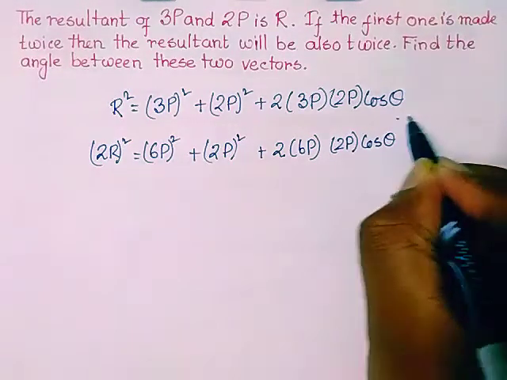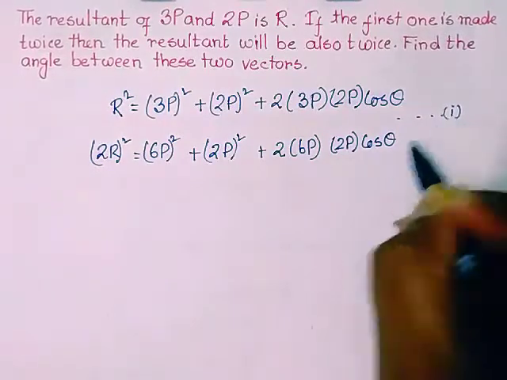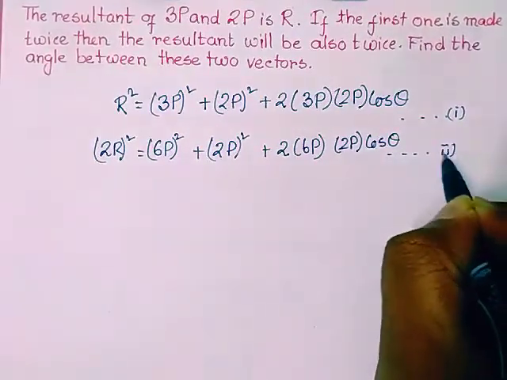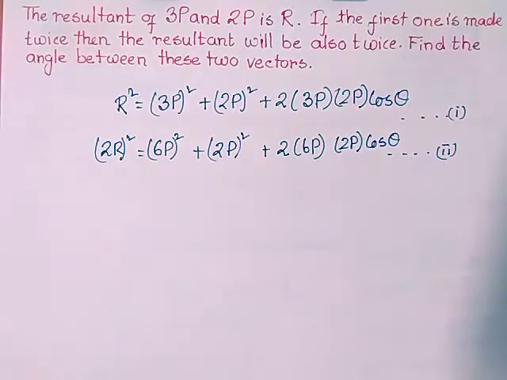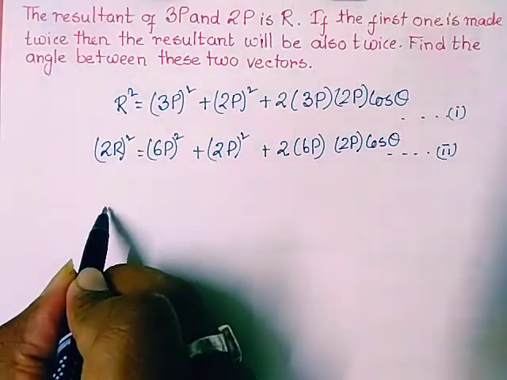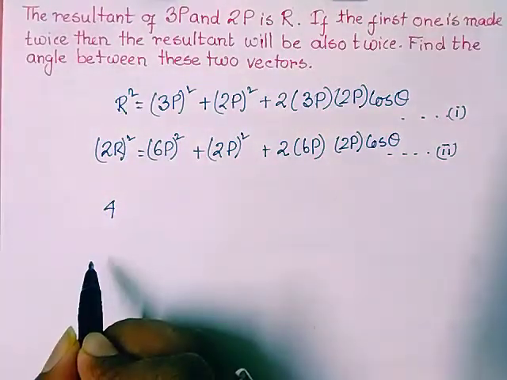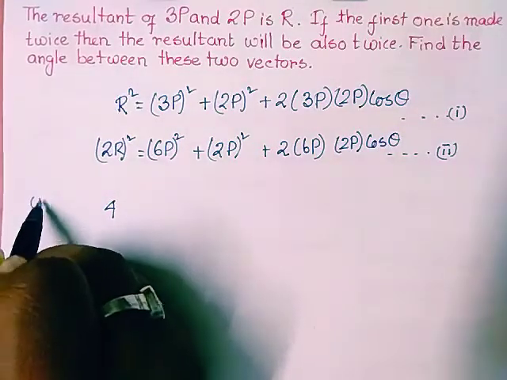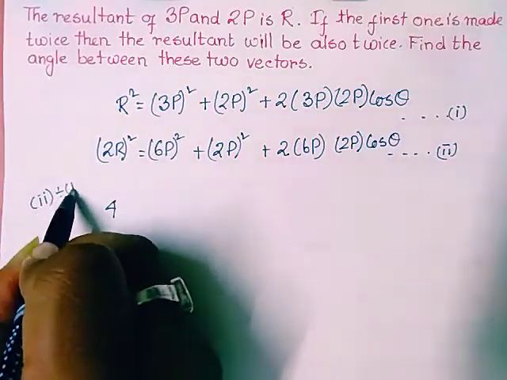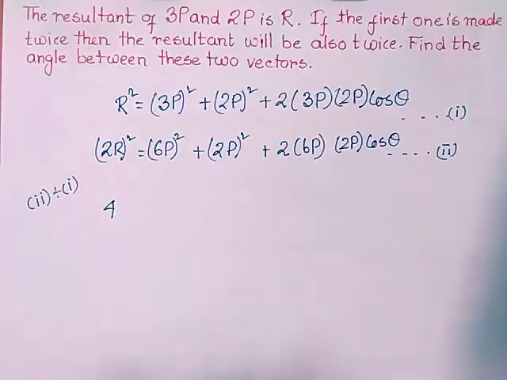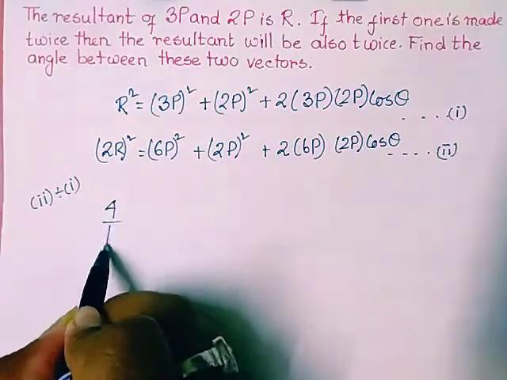So we'll basically move through the mathematical tactics. Okay, so if we just take the ratio of equation 2 by 1, that is 4 by 1.